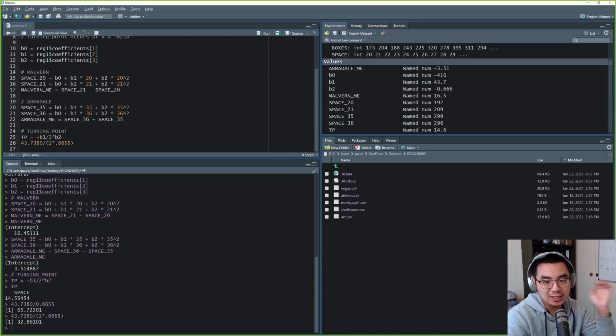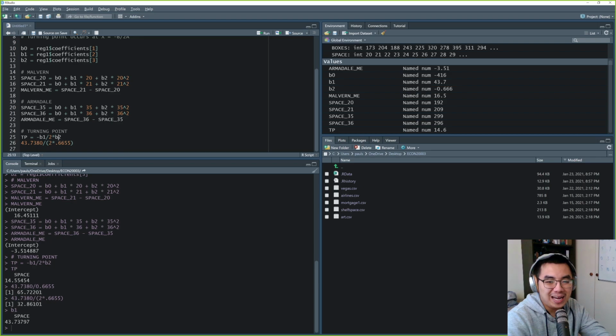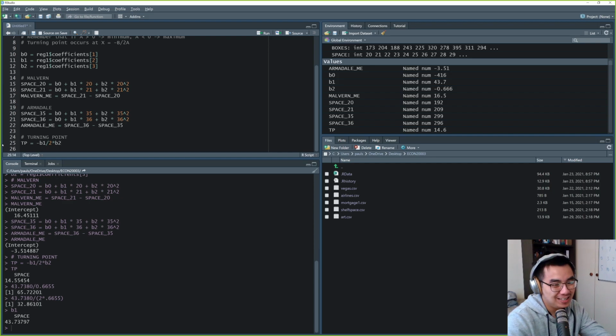Yeah, that makes much more sense, because then Malvern at 20 is below the turning point and Armadale is above the turning point. And beta 1, let me just check, is 43. I know what I did. Do you guys know what I did? Can you guys see it?